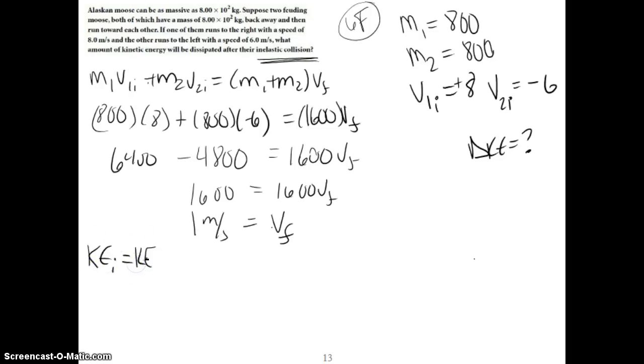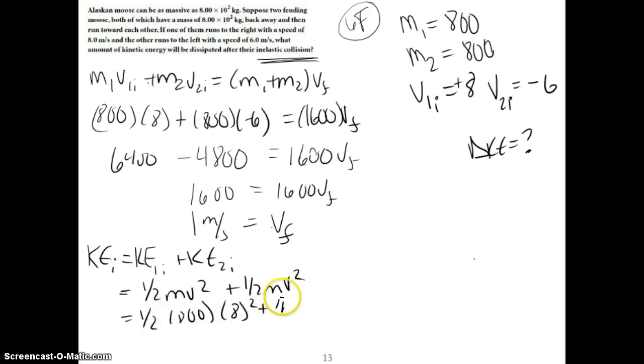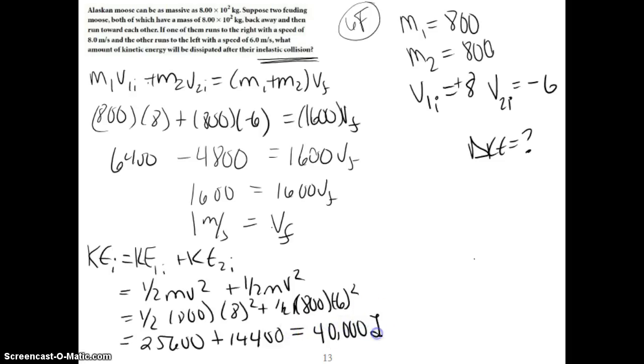Obviously my initial kinetic energy total has to be the initial kinetic energy of each moose, which leads me to 1/2 mv squared plus 1/2 mv squared: 1/2 times 800 times 8 squared plus 1/2 times 800 times negative 6 squared, which is a total of 25,600 plus 14,400, which equals 40,000 joules. That's my initial kinetic energy.